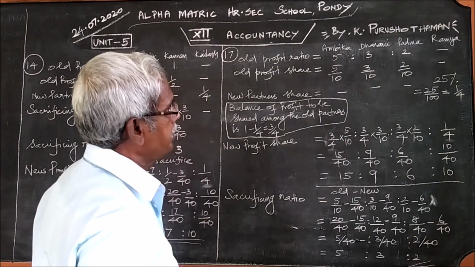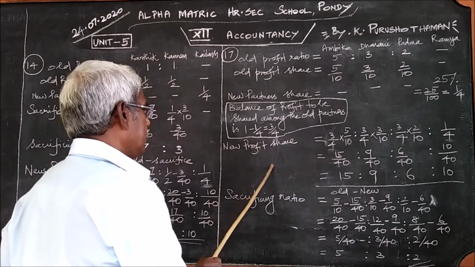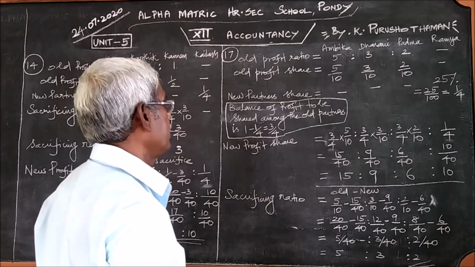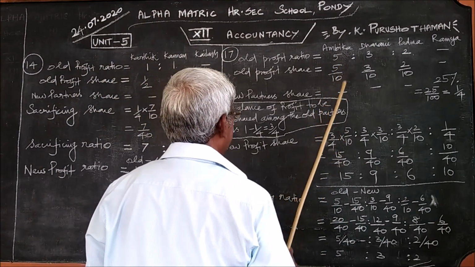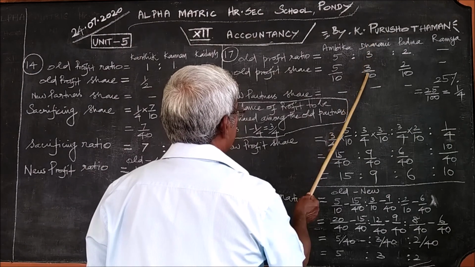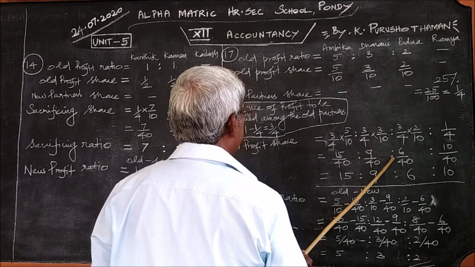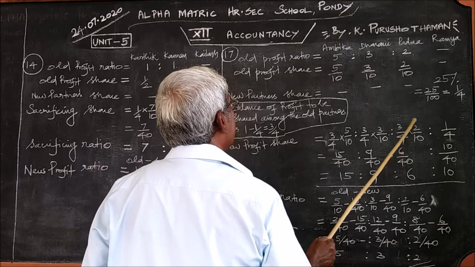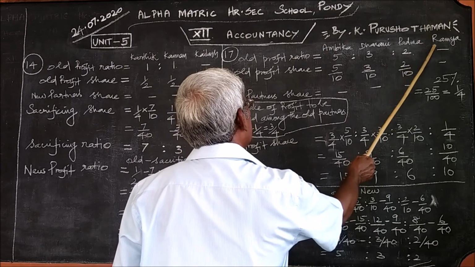How to find sacrifice share? From the old, if you subtract the new, we will get the sacrifice share. Old 5 by 10, new 15 by 40. 5 by 10 minus 15 by 40, 3 by 10 minus 9 by 40, 2 by 10 minus 6 by 40. For the sacrifice, there is no place for the new partner.